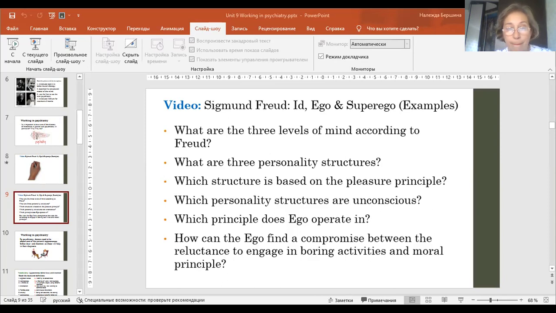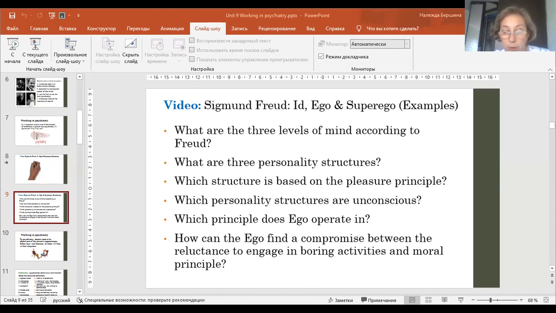ID is completely unconscious, impulsive, childlike portion of the psyche that operates on pleasure principle and is source of basic impulse and drives. It seeks immediate pleasure and gratification. Yes, you are speaking about ID. So it follows just the pleasure principle, okay.